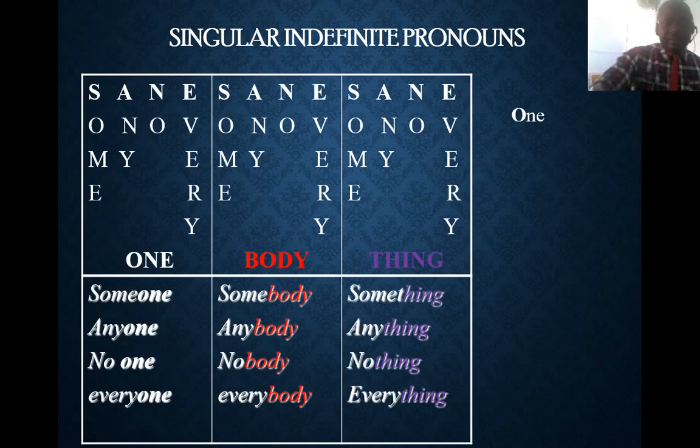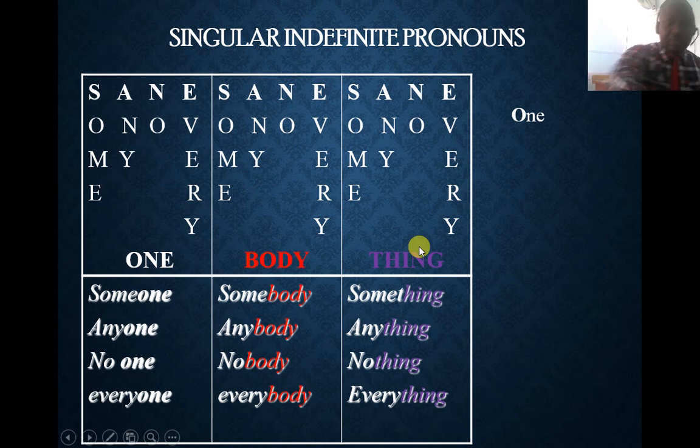Now let's talk about the singular indefinite pronouns. All of these go with one. So you have someone, anyone, no one, everyone, somebody, anybody, nobody, everybody, something, anything, nothing, everything.